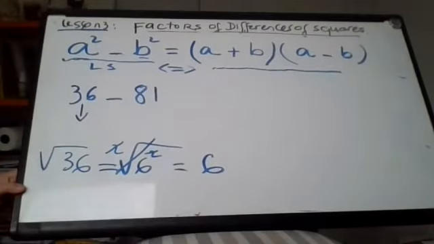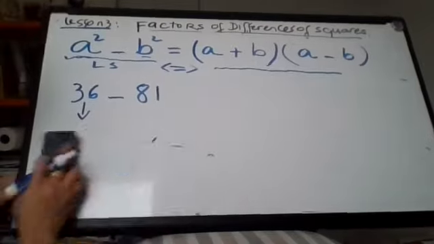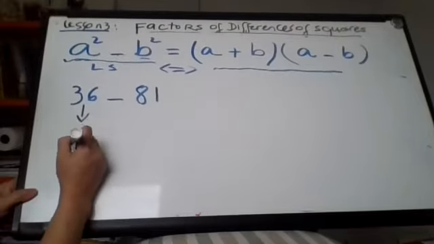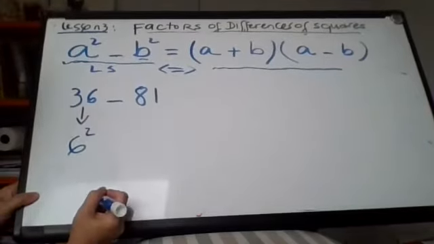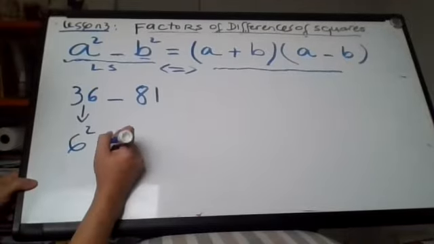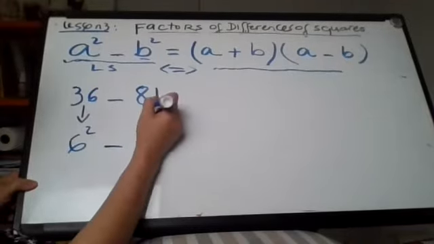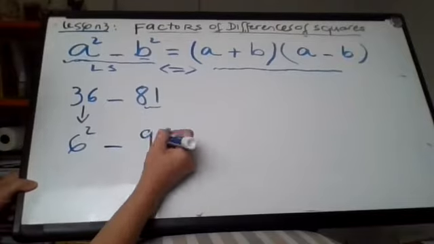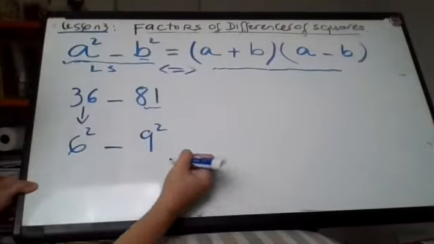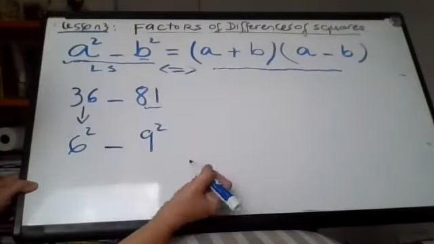That's how we take the root by hand instead of with a calculator. So I rewrite 36 as 6 to the power 2, because they're equal. The same with this one: I recognize this is 9 to the power 2. 9 times 9 is 81.